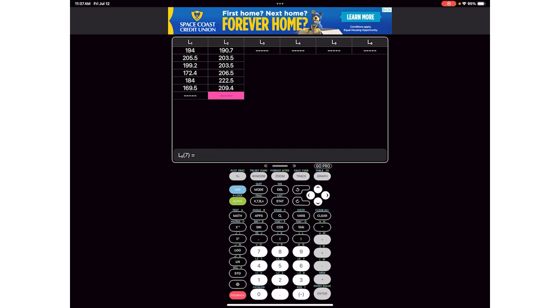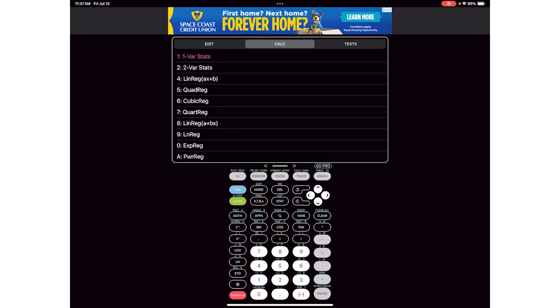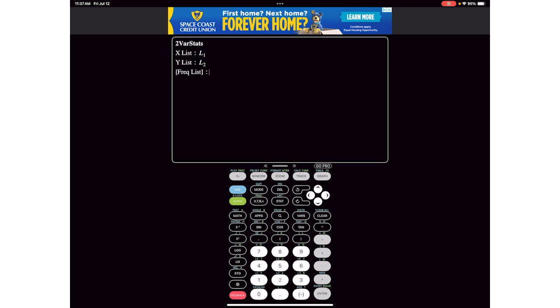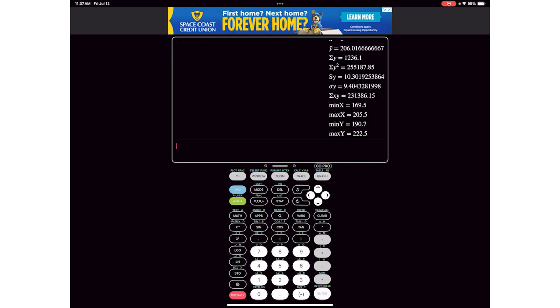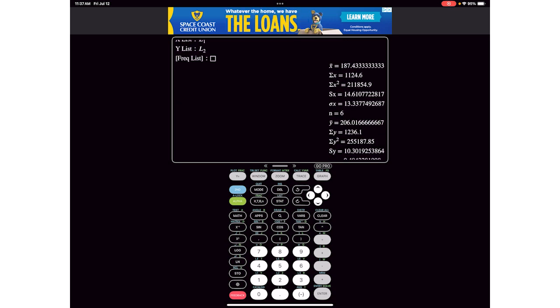Okay, now I want to calculate statistics for it. So I'm going to go back to stat, go to calc. This time you can click on number 2, 2 variable stats, and then make sure your lists are in the correct place, and then hit enter, and you have all your stats you need. So you can see X bar, which is your sample mean battery life for the brand name, and then SX is your sample standard deviation for brand name.